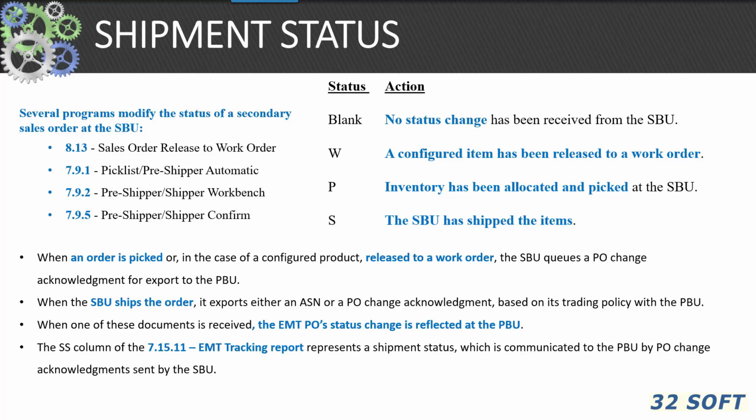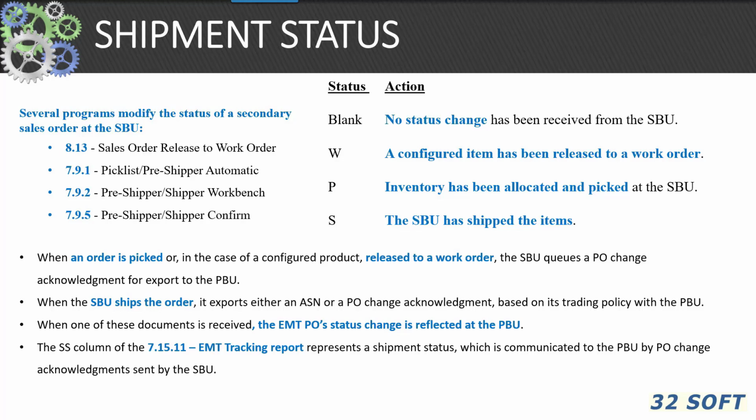The shipment status: there are several programs that modify the status of the secondary sales order at the secondary business unit. Either an 813 configured order release, the 7.9.1, 7.9.2, and the 7.9.5 obviously change the status of those shipment statuses.